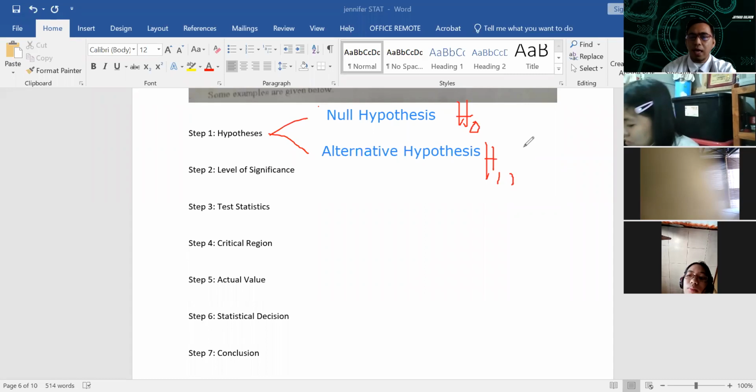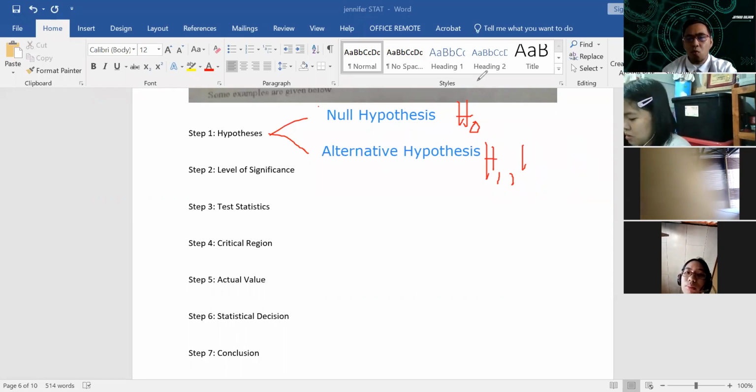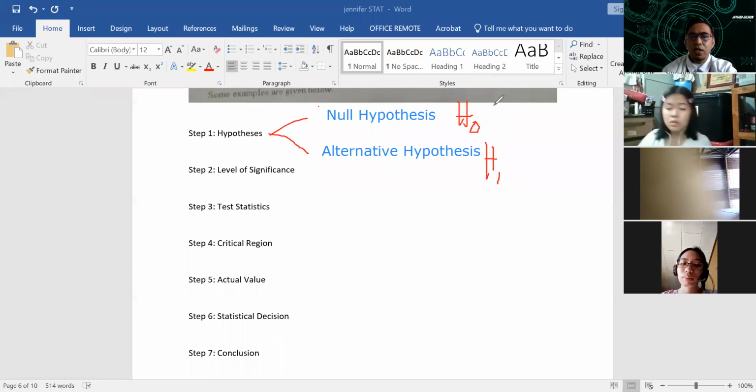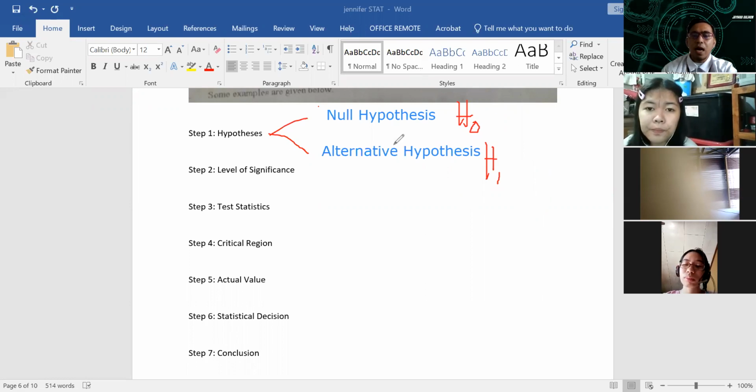Some books are using H sub I. And some are using H sub A. Okay? So, pariharan na sila alternative hypothesis. But for us, we will be using H sub 1. Okay? So, this is the null hypothesis. This is the alternative hypothesis. Ani kuhaon sila. So, you can get this alternative hypothesis coming from your claim.